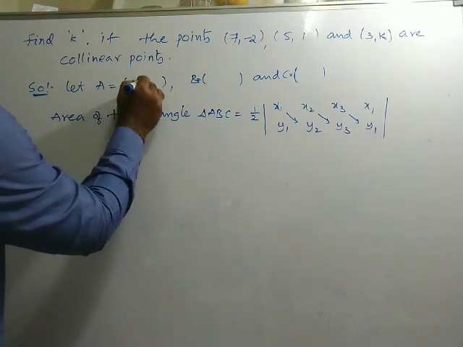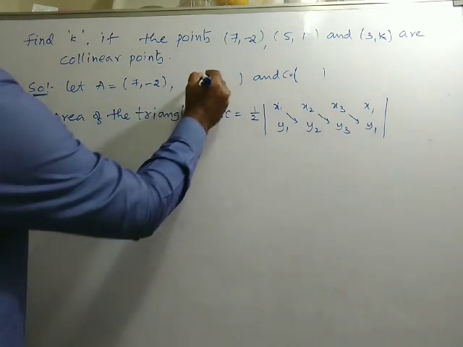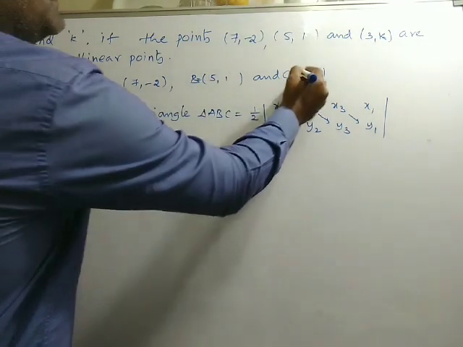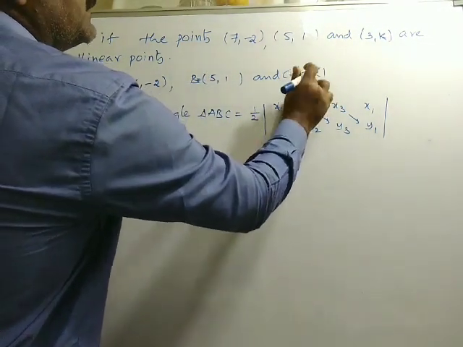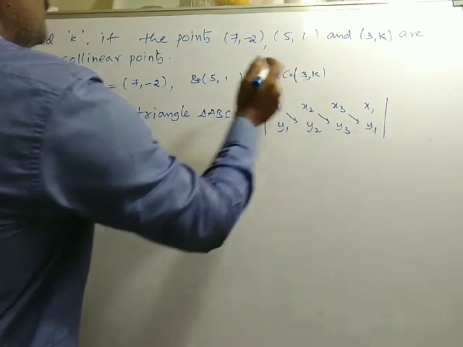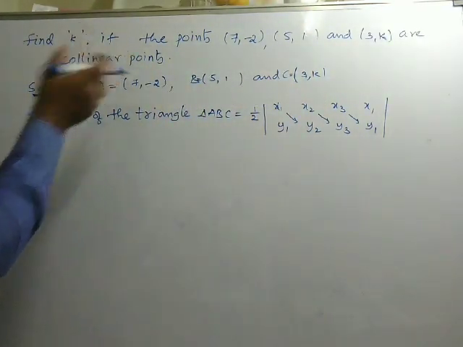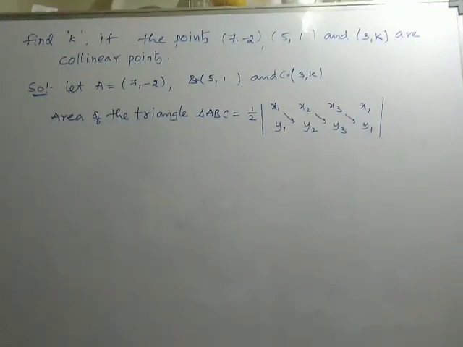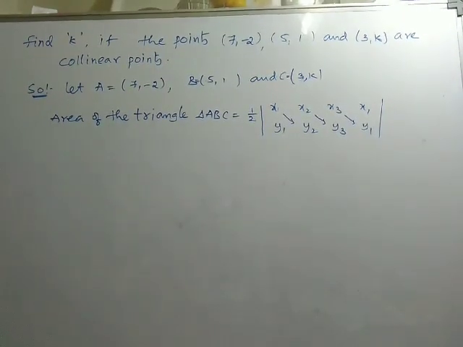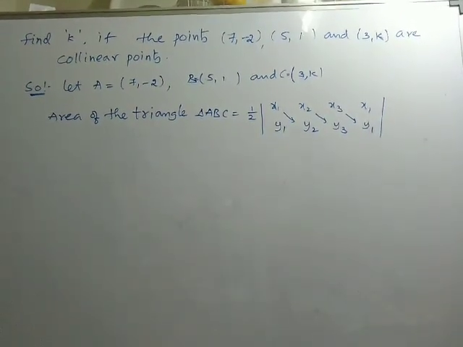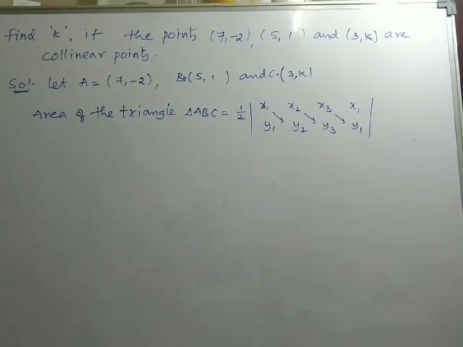So given points, first of all you can assume them as capital A, capital B and capital C. Now we don't want to prove that they are collinear, it is already given that they are collinear points.